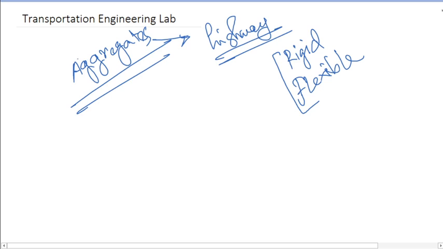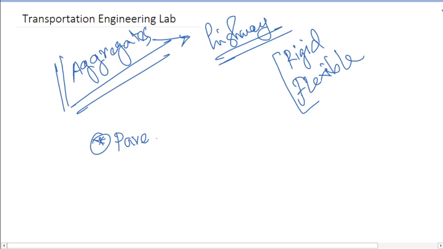Today we will be moving towards a new topic regarding transportation engineering, which is very common and, I think, the most important one in the perspective of highway engineering, especially pavement engineering.